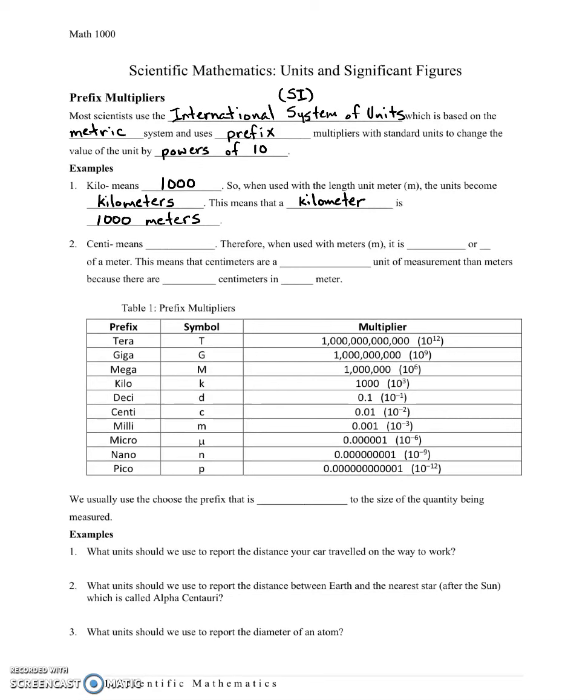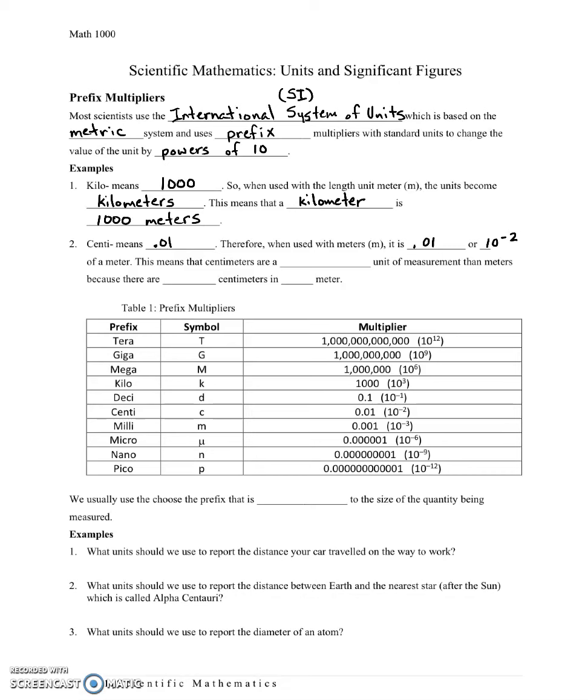Okay, let's do another example. Centi means 0.01. And so if we use centi with meters, it is 0.01 or 10 to the minus 2 of a meter. The way we know it's 10 to the minus 2 is because we have 2 decimal places.